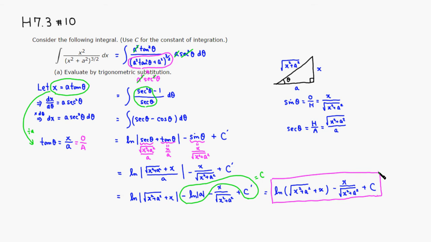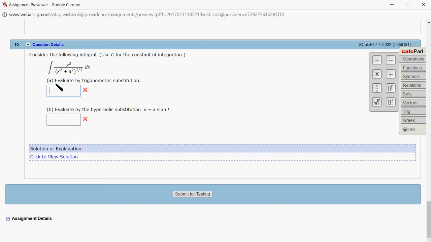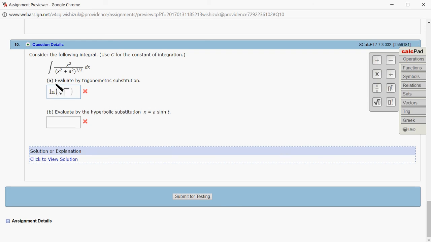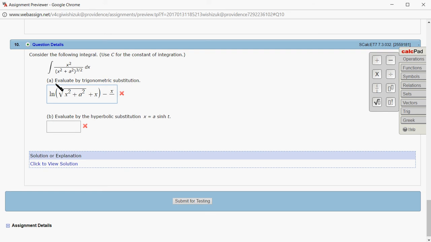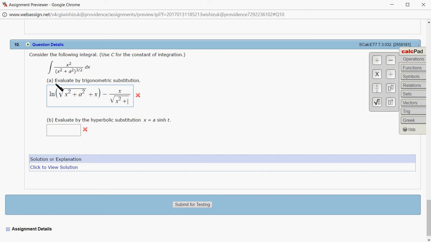Alright, so let's type it in. What we got was the natural log of the square root of x squared plus a squared plus x, and then minus x over the square root of x squared plus a squared, then plus some constant c.